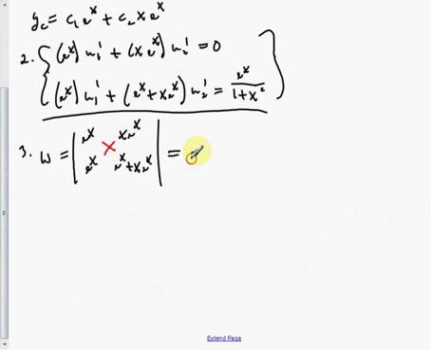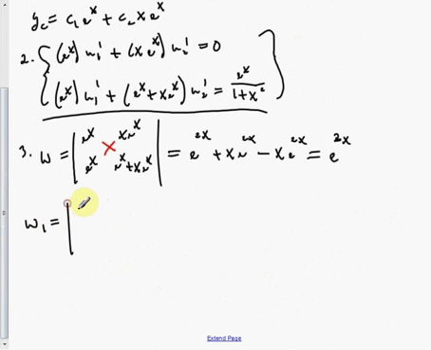So we get e to the 2x plus x times e to the 2x, then minus x times e to the 2x. And that just leaves us with e to the 2x.